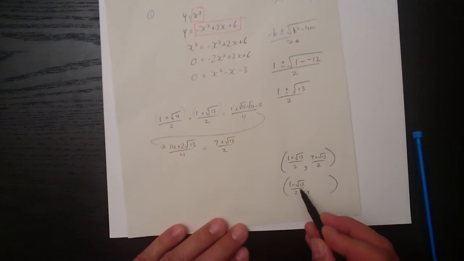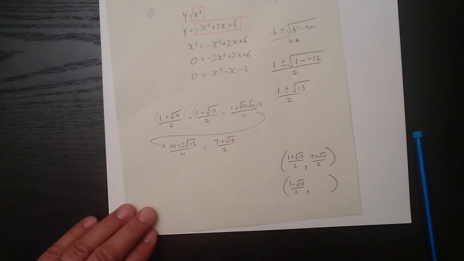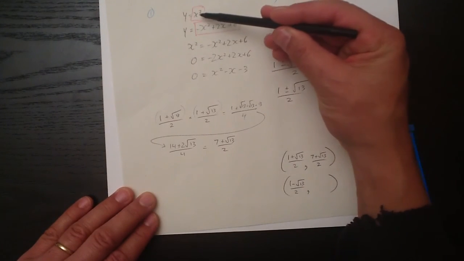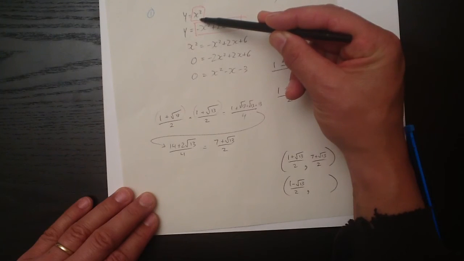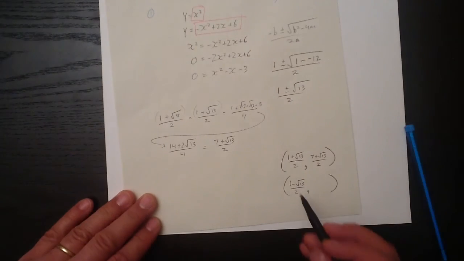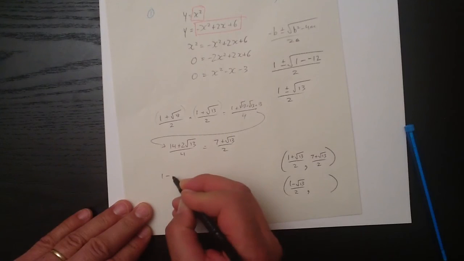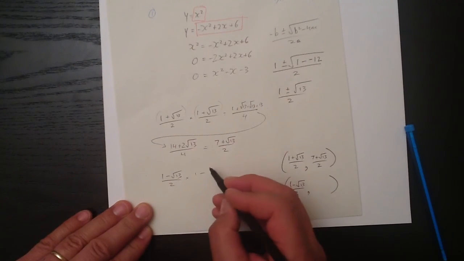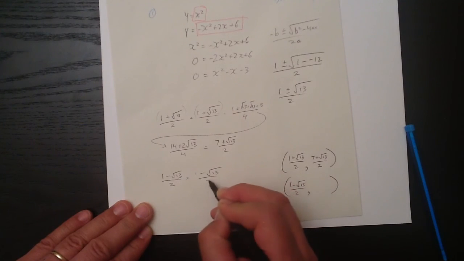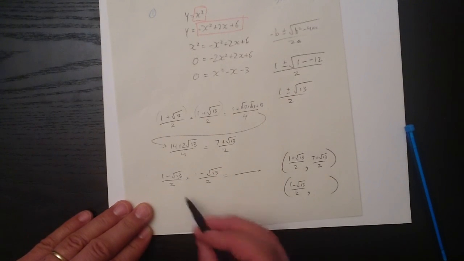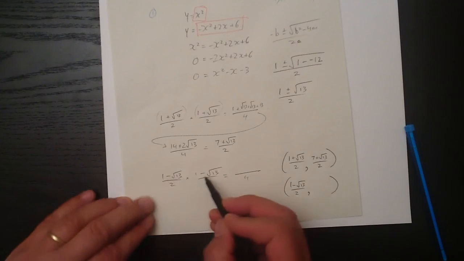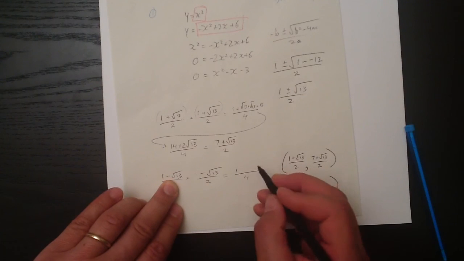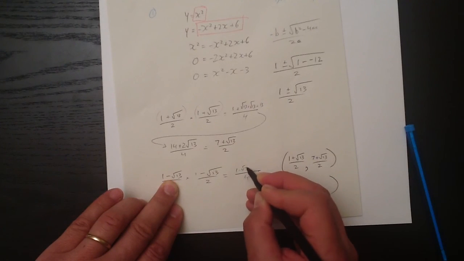Same deal down here, 1 minus root 13 over 2. If I square that, remember the reason I'm squaring this is that in this equation, y equals x squared. So if I've got an x, I can square it to get y. So if I square this value, 1 minus root 13 over 2 times 1 minus root 13 over 2 equals something. Well, 2 times 2 is 4 again. 1 times 1 is 1. Negative root 13 times 1 is negative root 13.